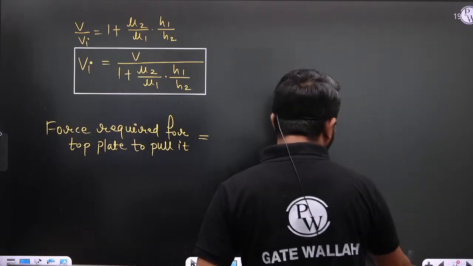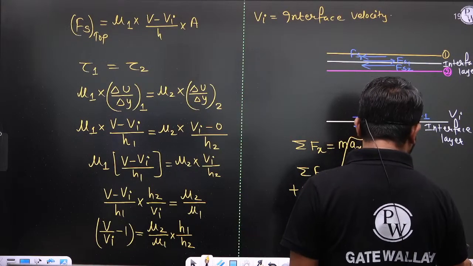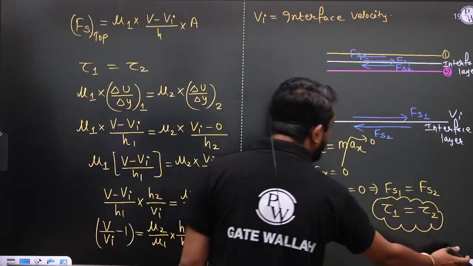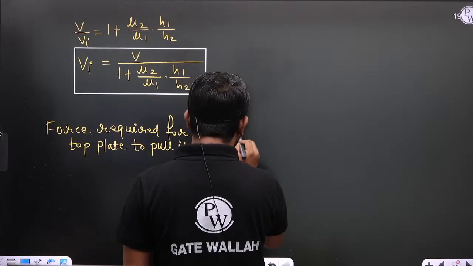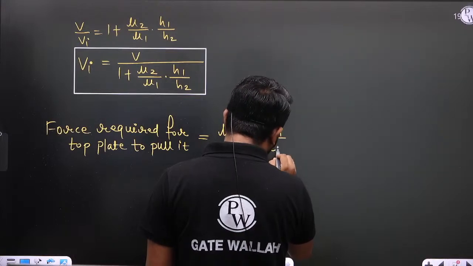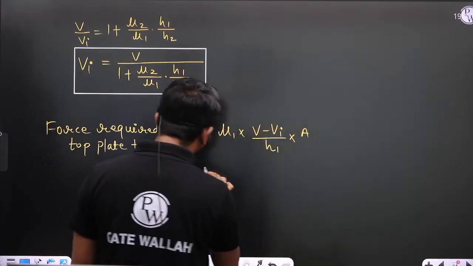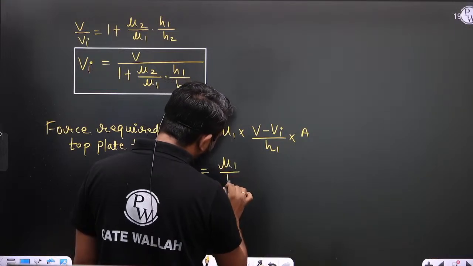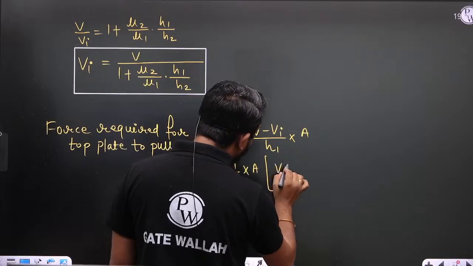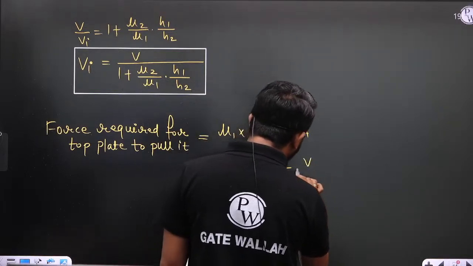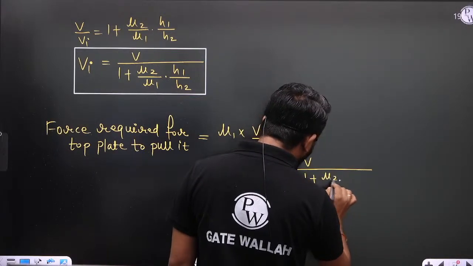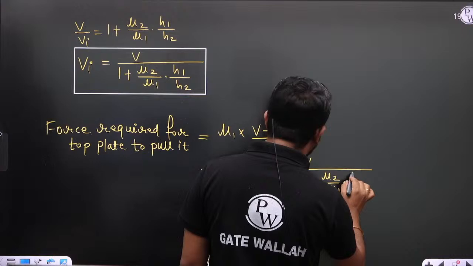Now this is equal to, you can write mu1 into V minus Vi divided by H1 into A. So this is mu1 by H1 into A into V minus Vi, and that Vi is V upon 1 plus mu2 by mu1 into H1 by H2.